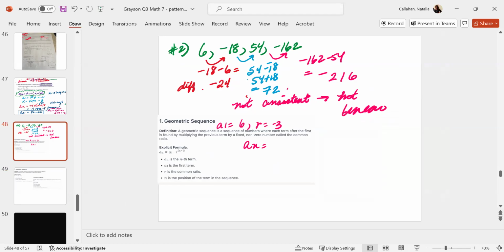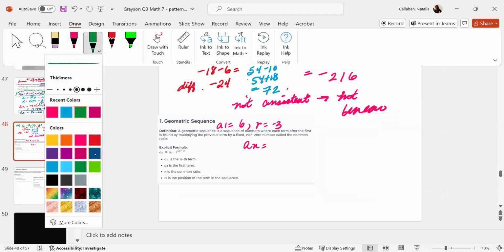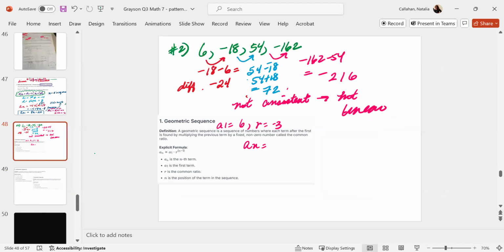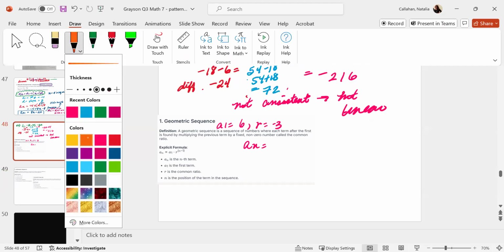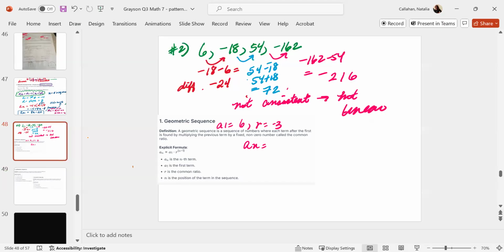And the reason how we found the R was, remember, we know it's not linear, right? But if it's going to be exponential, they will have the same multiplication or division, right?